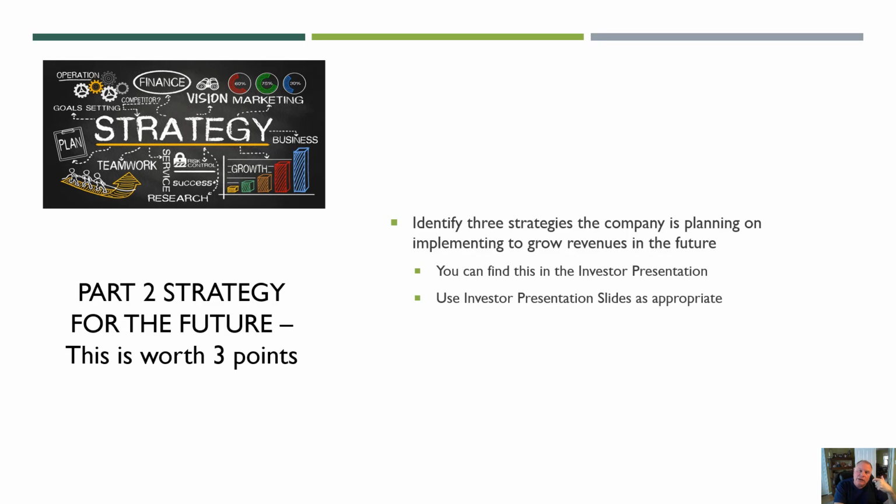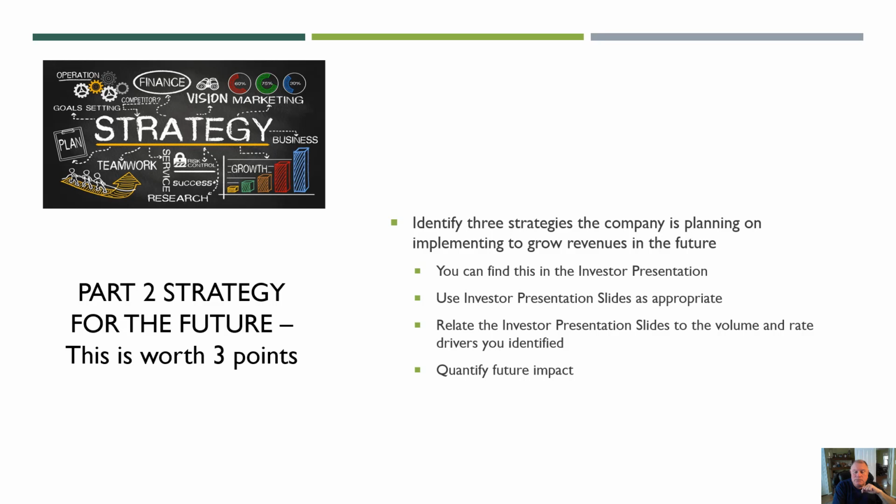Okay? And in this world of COVID-19, we're seeing companies having different strategies. We need to look at that. You then want to relate the strategy to your volume and rate drivers that you identified. So that strategy, that's part 2, 3 points. If you can quantify the future impact, great.